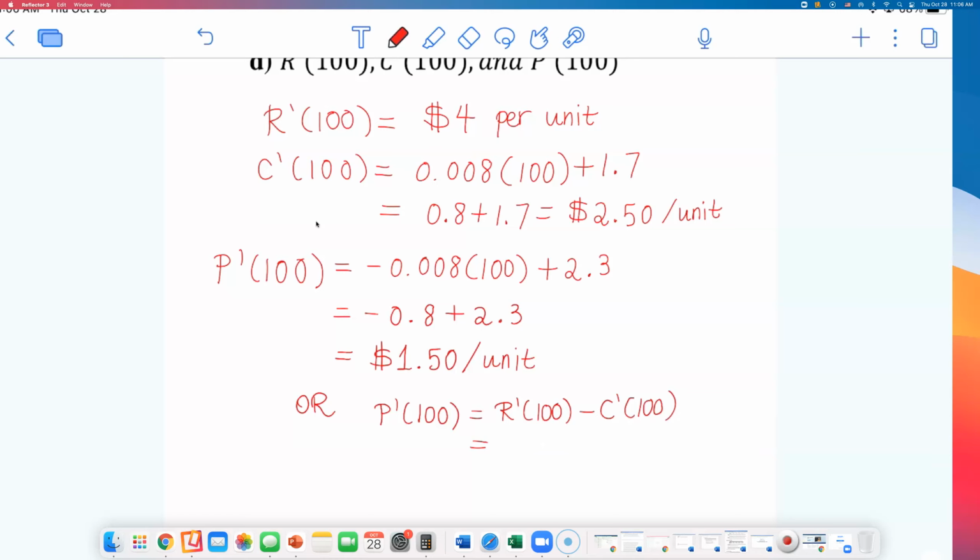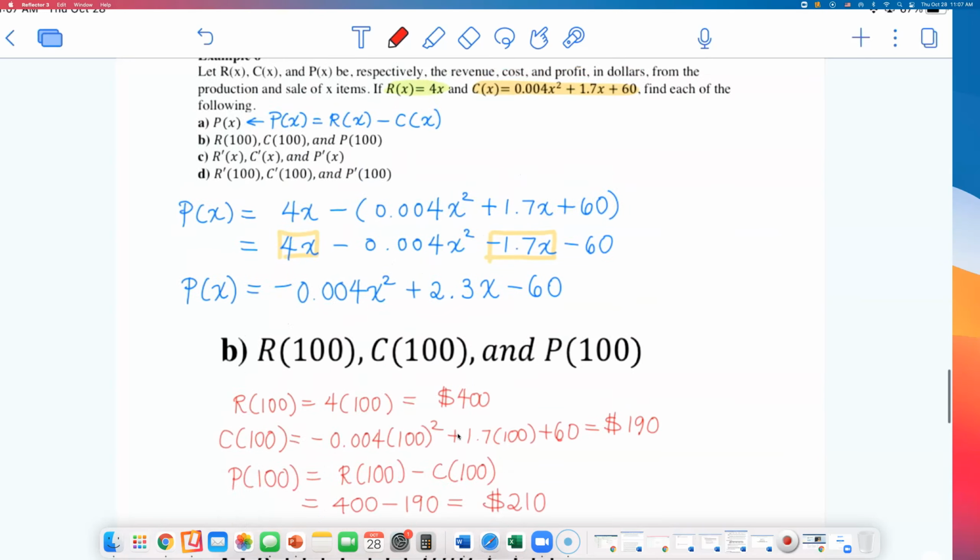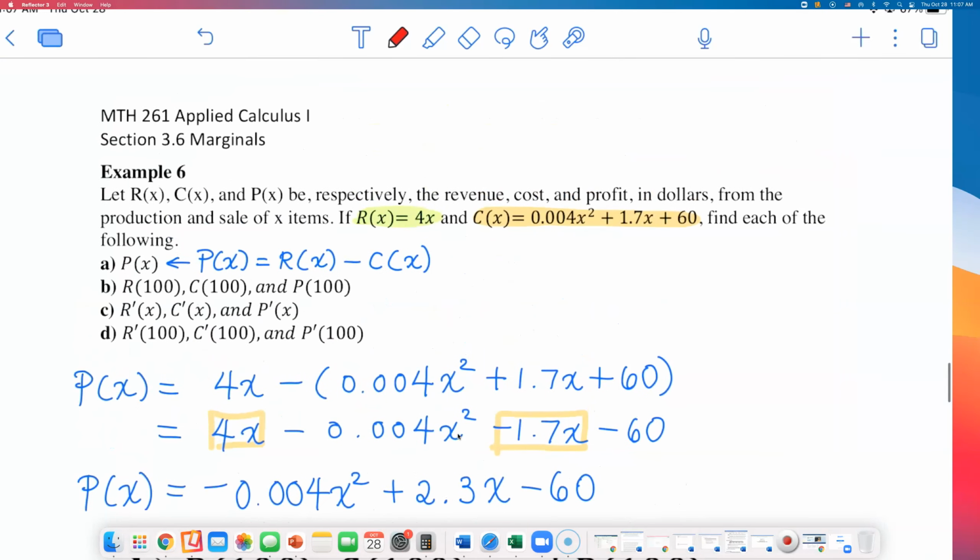So if we subtract $4 minus $2.50, wouldn't we get $1.50 per unit again, right? So two different methods. Honestly, I think for this one, I would just subtract, but just wanted to show you that both ways work. So that was example number 6 on section 3.6 marginals.